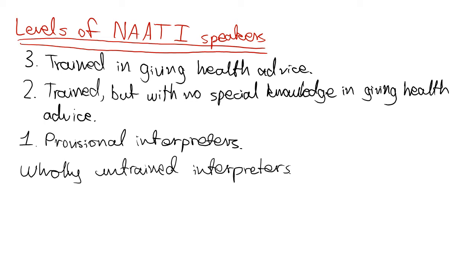And it is usually not recommended that we use wholly untrained interpreters, usually for the obvious reason that they aren't trained and may not be able to provide proper knowledge to the patient. But in extremely extenuating circumstances where really there are no other resources present, then we may need to use these interpreters. And even when using these interpreters, there is a certain hierarchy that is present.